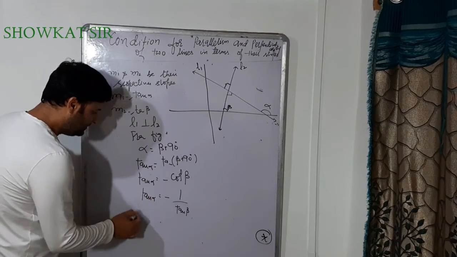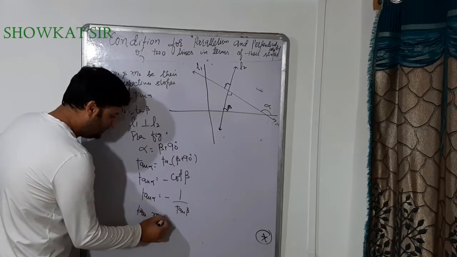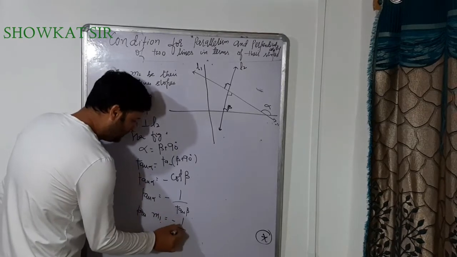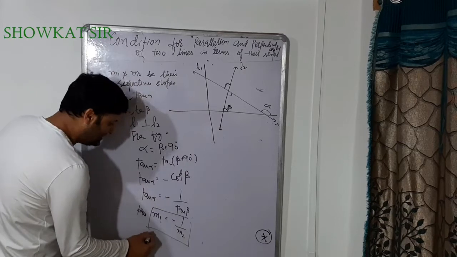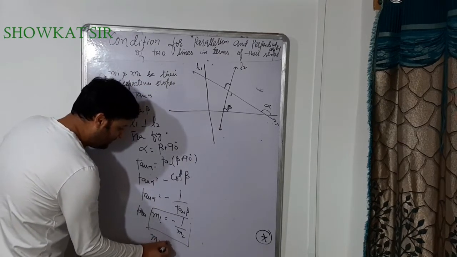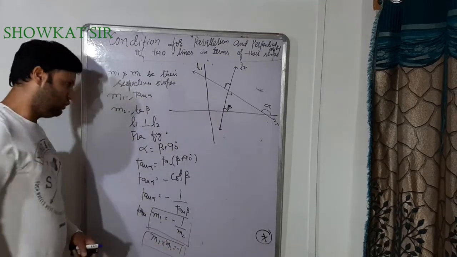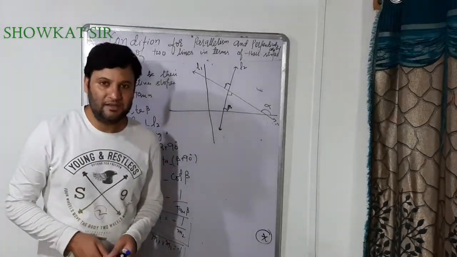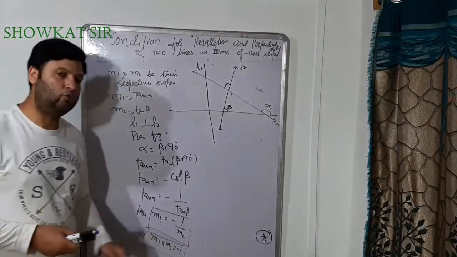Or I can write tan alpha, which is M1, is equal to minus 1 by tan beta, which is M2. Or I can write M1 multiplied by M2 is equal to minus 1. So when two lines are perpendicular, the product of their slopes is equal to minus 1.